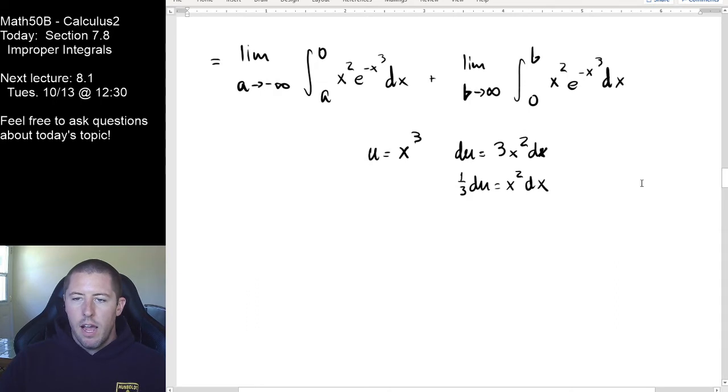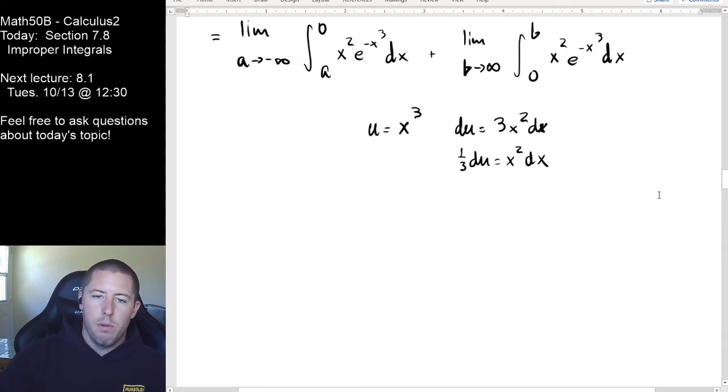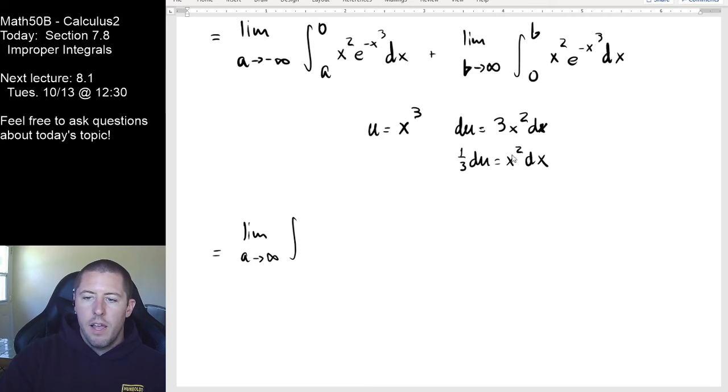I just want to keep track of my variable bounds with their infinities slightly differently. What I'm getting now is the limit as a goes to infinity of the integral of x squared dx, which just became 1/3 du. I'm going to bring that 1/3 all the way out since it's just a constant multiple. It looks like we're just getting e to the negative u is all that's left.